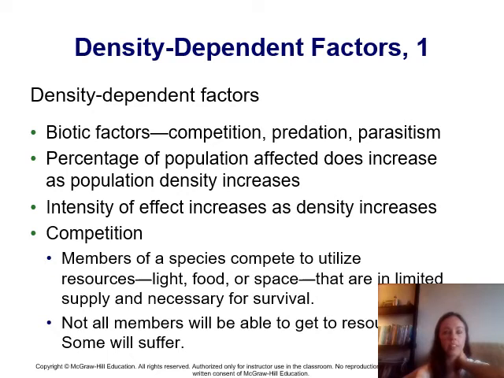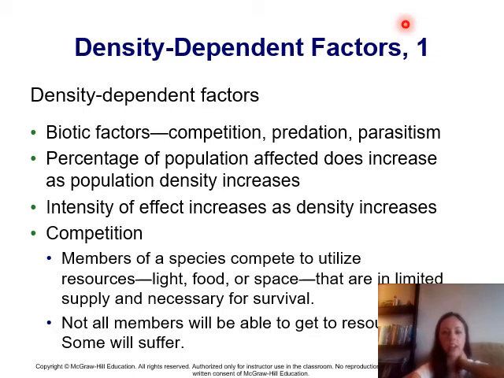Density-dependent factors will affect the population based on how large or how small it is. The larger the population, the more individuals affected. The smaller the population, the fewer individuals affected. Density-dependent factors are those that are caused by the animals themselves, like competition, predation, and parasitism.